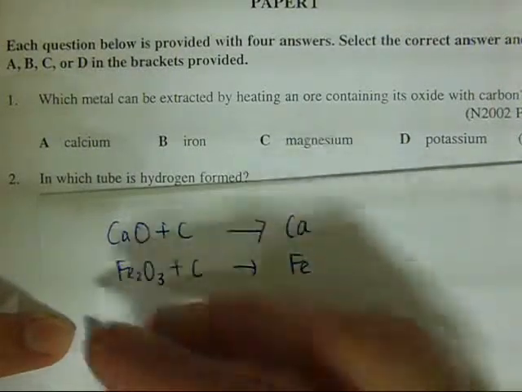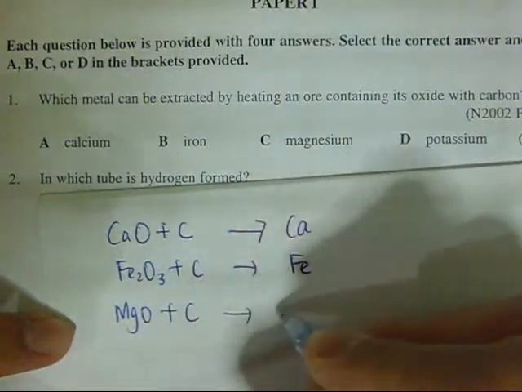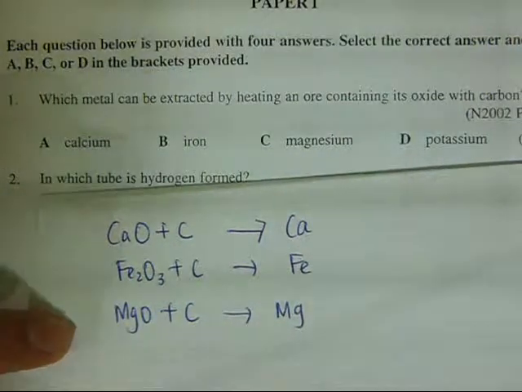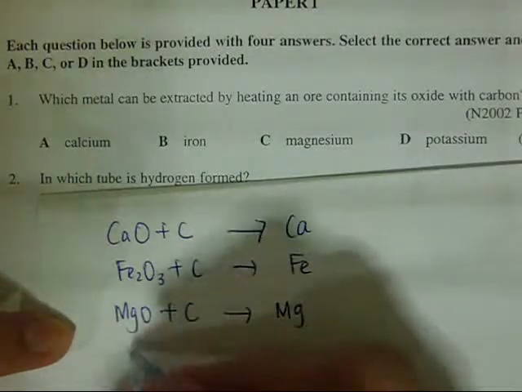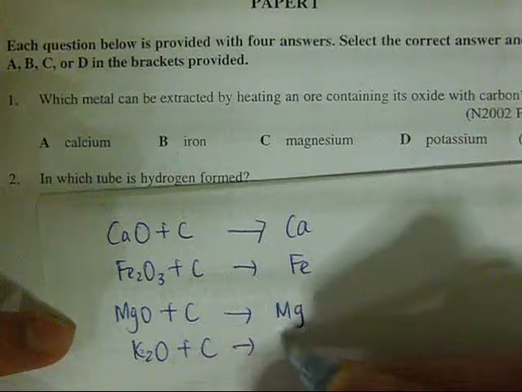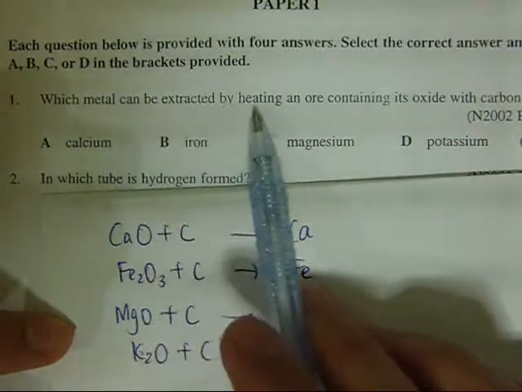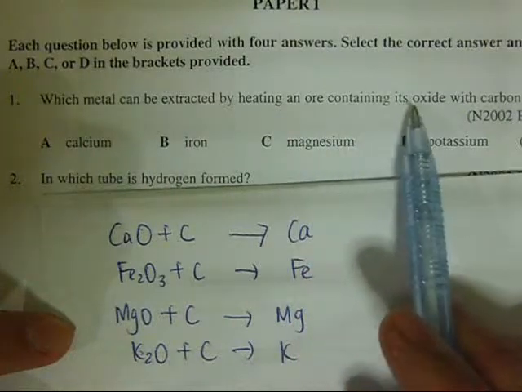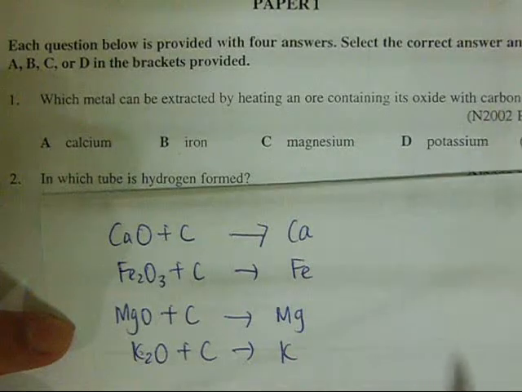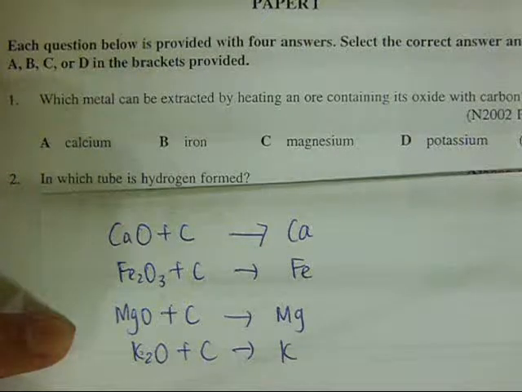And for magnesium, if I heat magnesium oxide and carbon, do I get magnesium? And of course for potassium, if I heat potassium oxide with carbon, do I get potassium? Okay, the metal can be extracted by heating an ore containing its oxide with carbon. So that is basically what this question is asking.